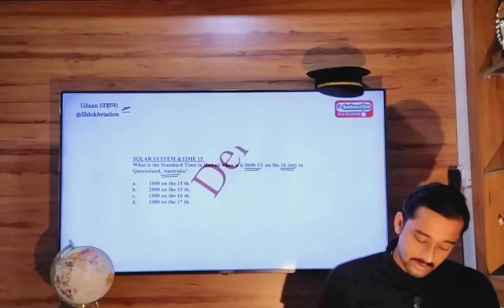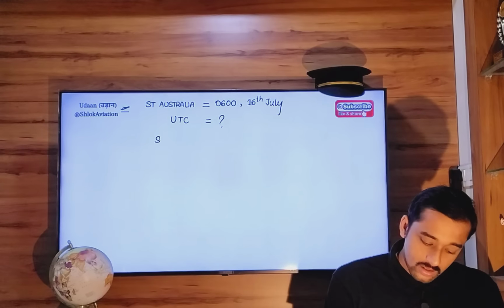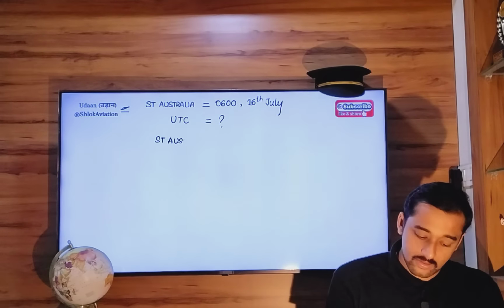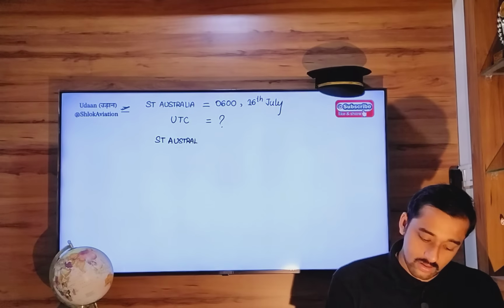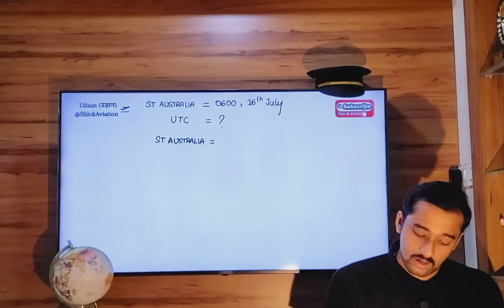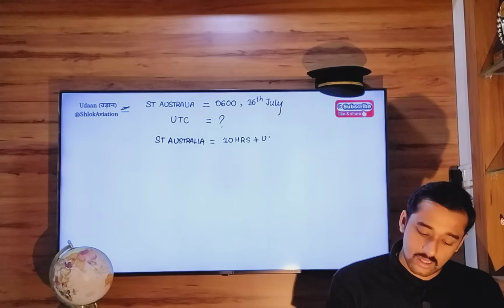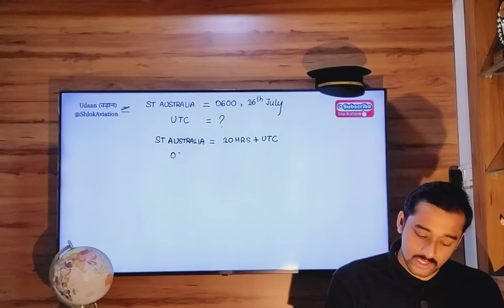So standard time in Australia is equal to 10 hours ahead of UTC. Now what is the standard time in Australia? 0600, which is 10 hours plus UTC.